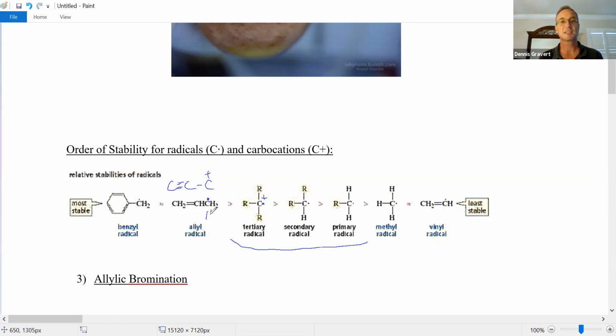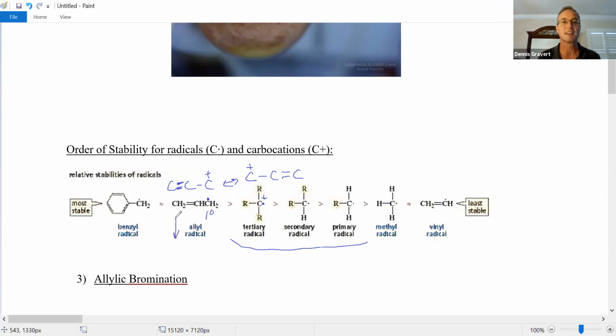Even though this free radical here is primary, which would put it way down the other side where it's not supposed to be stable, because of the pi bond adjacent to this radical, we get resonance stabilization. There's the resonance arrow, the double-headed arrow. What happens is the pi bond just rolls over to the other side. Then the carbon that used to have a double bond, this carbon on the left, no longer has a double bond, it's missing a bond. So now it's positively charged.